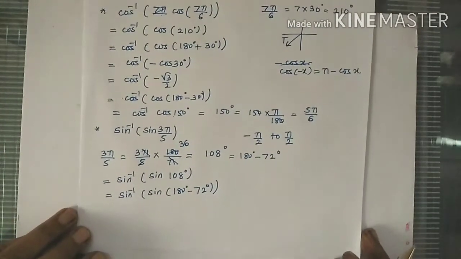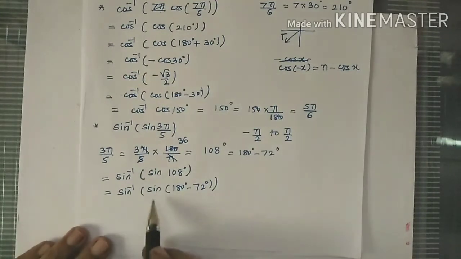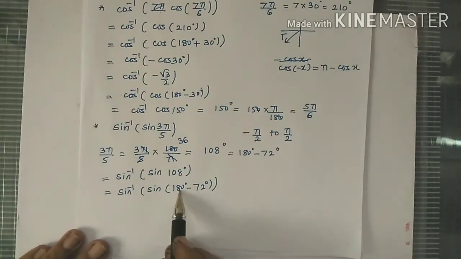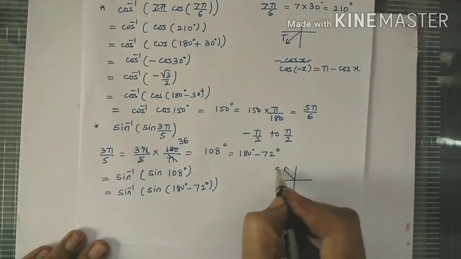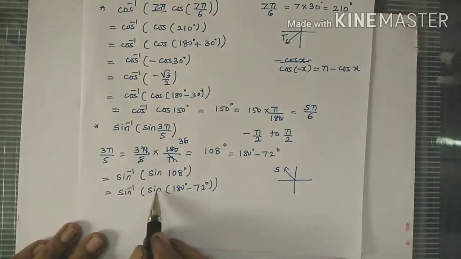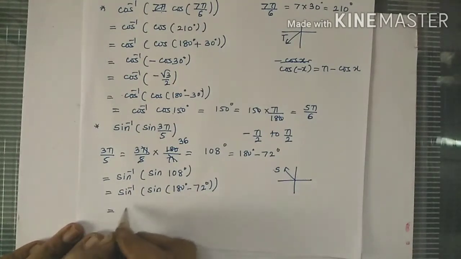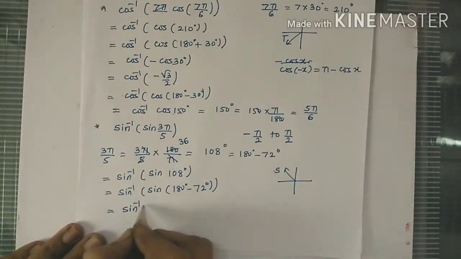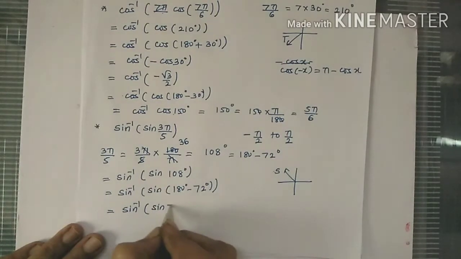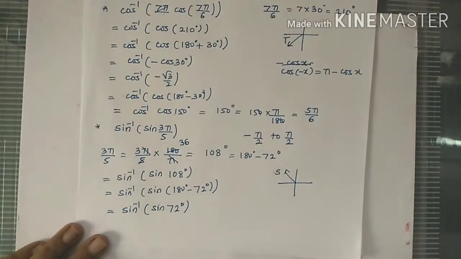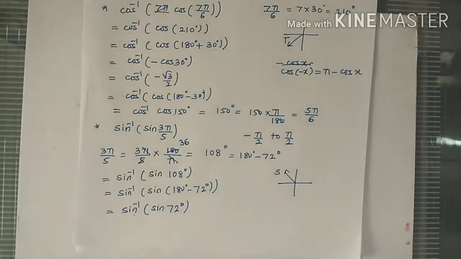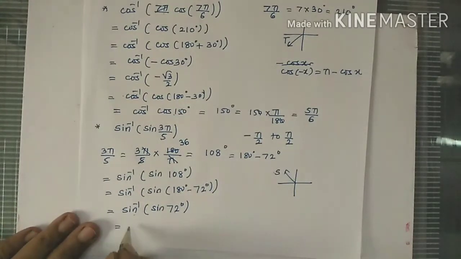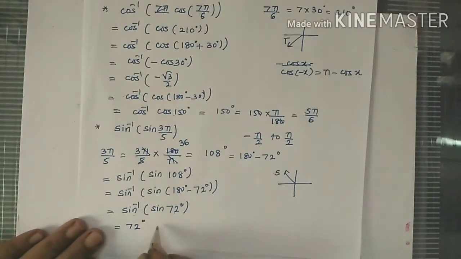For 180, the ratio does not change, so we get sine only, and 180 minus that lies in the second quadrant, and in the second quadrant sine is positive. So we get sine of 72 degrees. So this becomes sine inverse of sine of 72 degrees. Now you can check that this angle lies between minus 90 and 90. So now it's correct. We get the answer as 72 degrees.